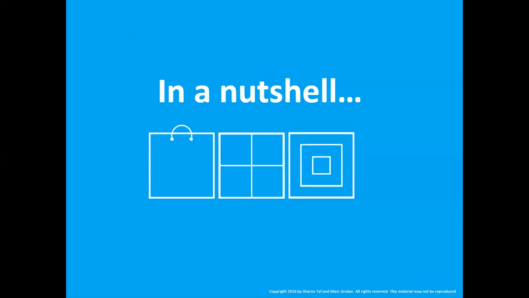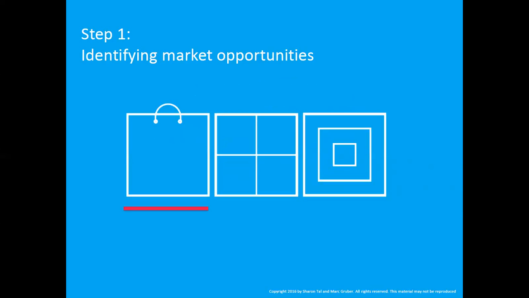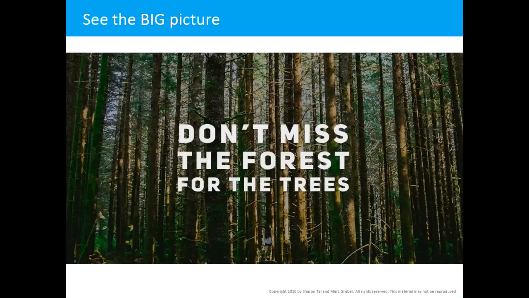Okay, let's walk through the process step by step, keeping the Flyability example in mind so that hopefully it becomes a bit more clear. The first step is identifying market opportunities for your business. The mission here is to deliberately take a step back and see the big picture.